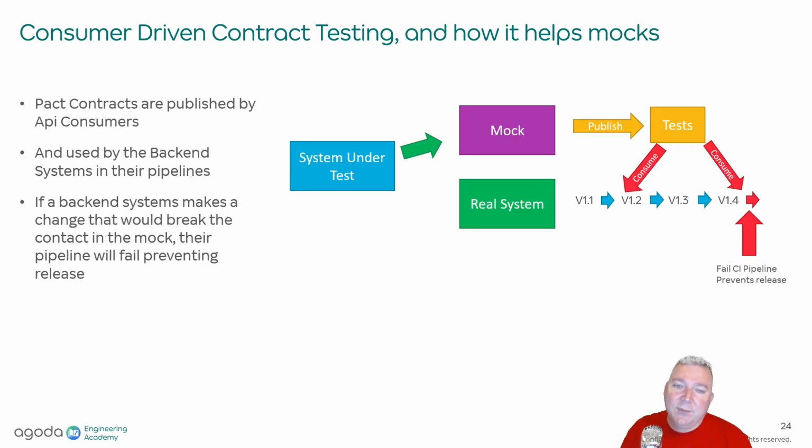So how this works in practice is, if we look at our system under test and the mock, the back-end system that we're using consumes the published tests that come from the mock to validate the assumptions, and it'll fail its pipeline if the back-end system makes any changes that would then break the consumers.